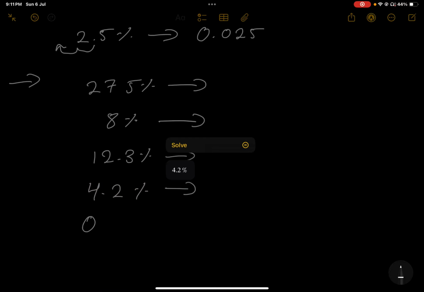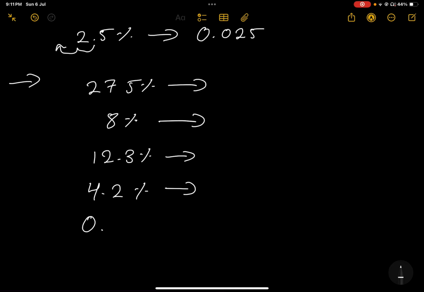And my last example is 0.2% change in the decimal form. Let's do this question. Firstly we have 275.